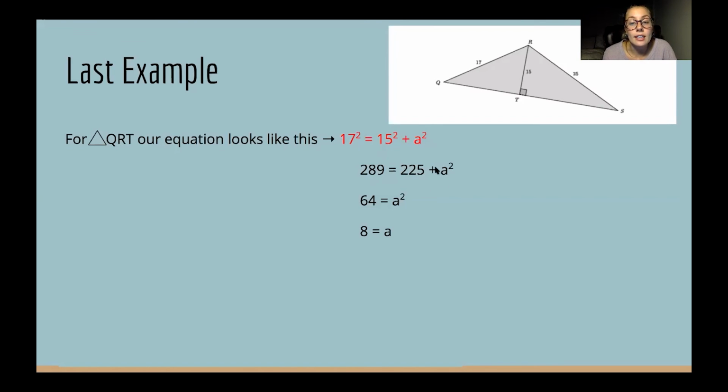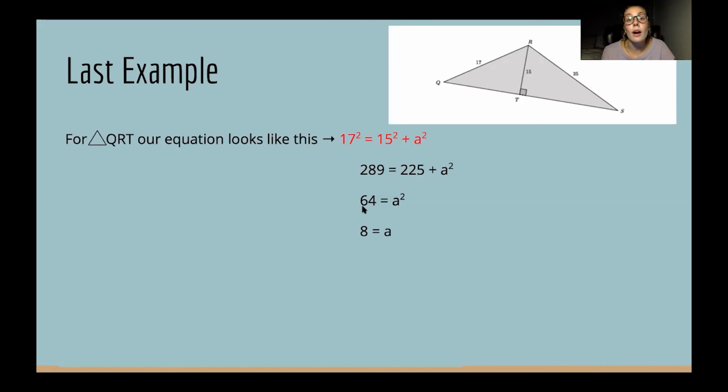I didn't write it here, but I want you to really pay attention to the fact that in order to get A squared by itself, we have to subtract 225 from both sides. So we subtract it from this side, and then we subtract it from 289, and that gives us 64. So our A squared is going to be equal to 64.